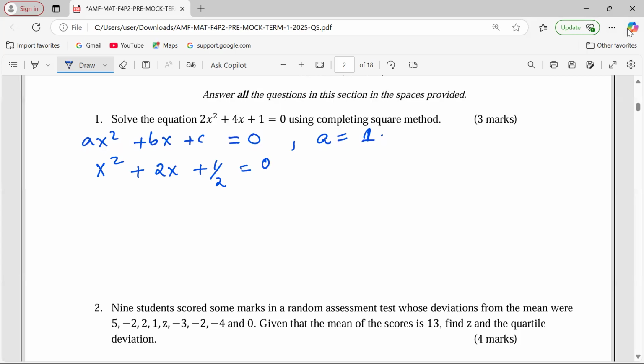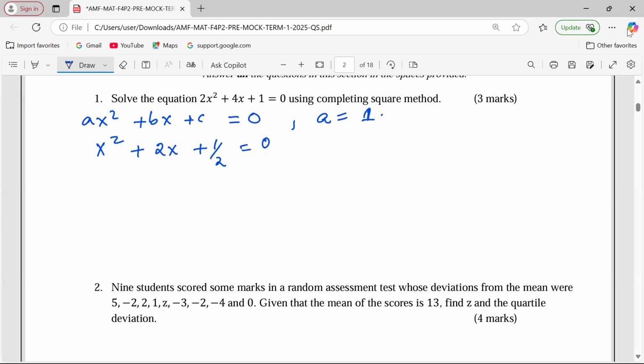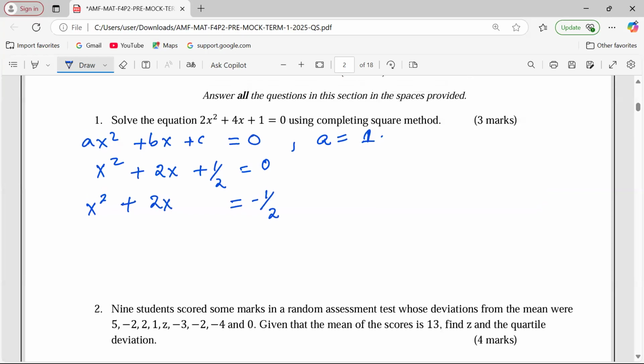And now we can take the constant to the right-hand side, such that we get x squared plus 2x equals half, which becomes negative after being taken to the right-hand side.